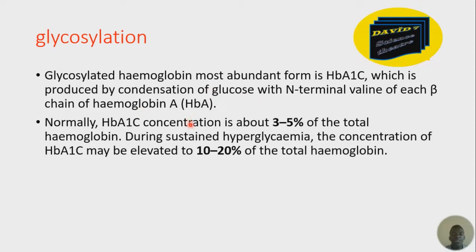Normally, the concentration of this glycosylated hemoglobin is about 3 to 5% of total hemoglobin, but during sustained hyperglycemia, the concentration rises to between 10 and 20% of total hemoglobin.